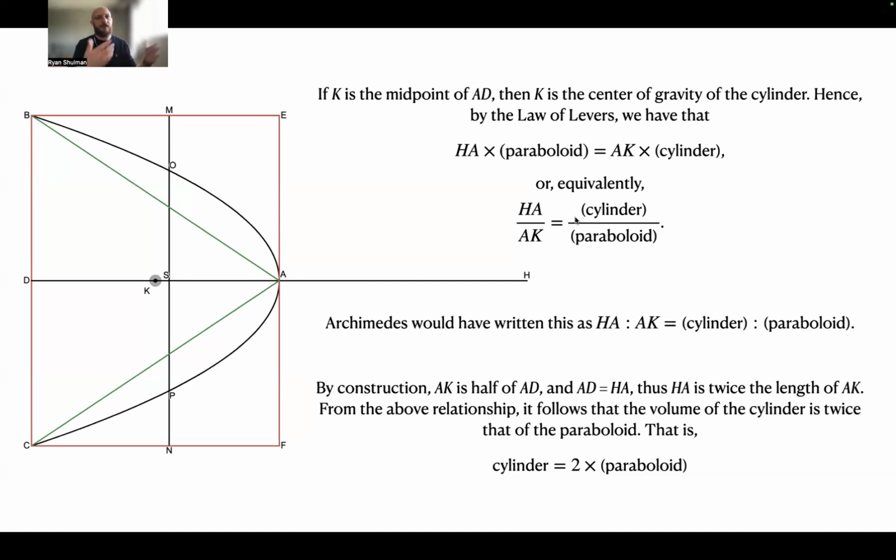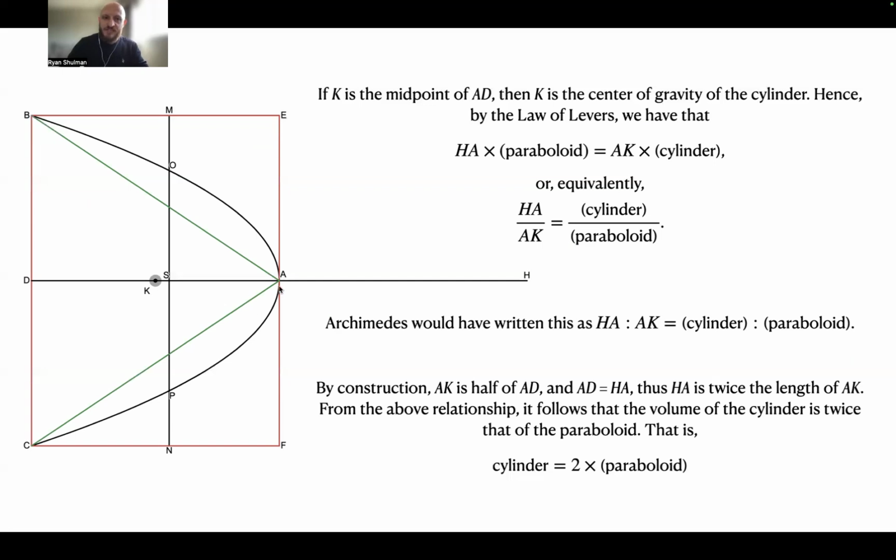And again, this is the modern notation. This isn't how Archimedes would have written all of this out. In the modern notation, this is the same as saying HA divided by AK is equal to the cylinder divided by the paraboloid, which in Archimedes' notation would have been this colon notation right here. HA is to AK as the cylinder is to the paraboloid.